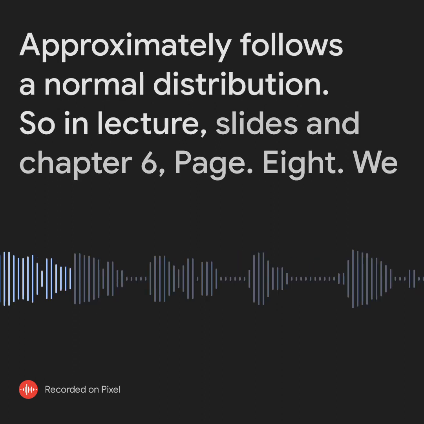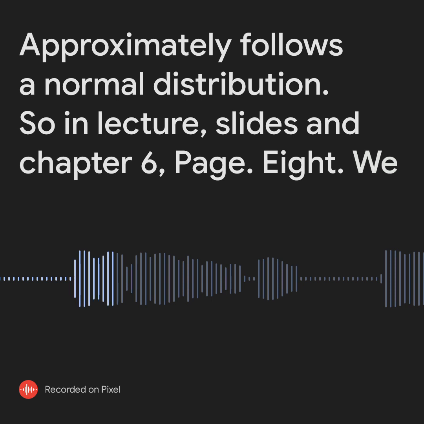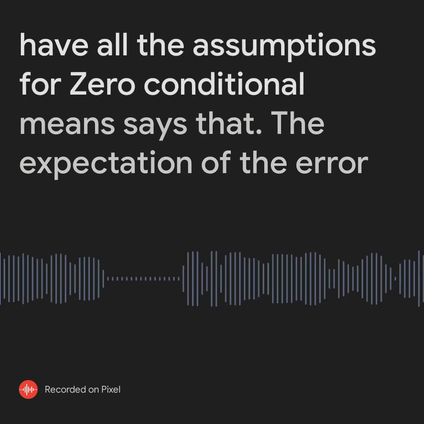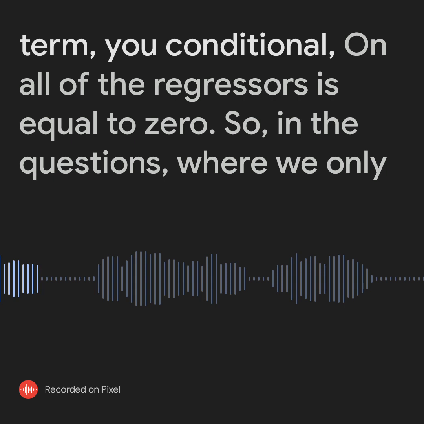So in lecture slides in chapter 6, on page 8, we have all the assumptions. Zero conditional mean says that the expectation of the error term U conditional on all of the regressors is equal to 0.